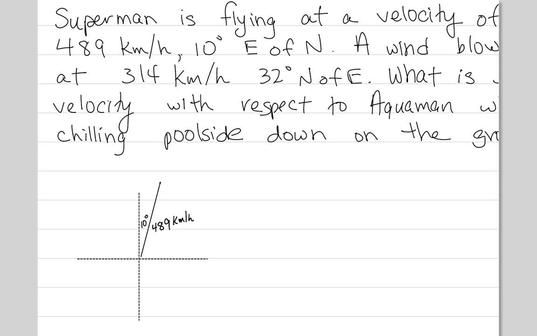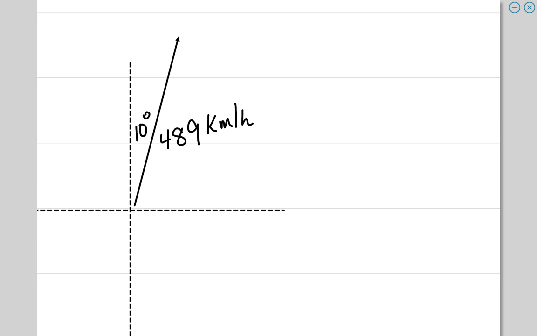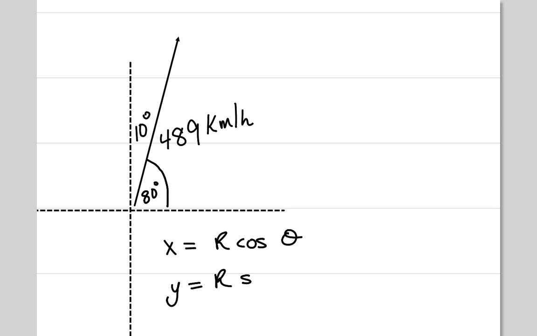So what I'm going to do is work with this vector here, and I'm not going to use this 10. I'm going to use its complement, 80. I just find it easier because 80 works better with the notes that I was given by my teacher. Do you guys remember the formulas for the x component and the y component? X would be r cos theta, and y would be r sine theta.